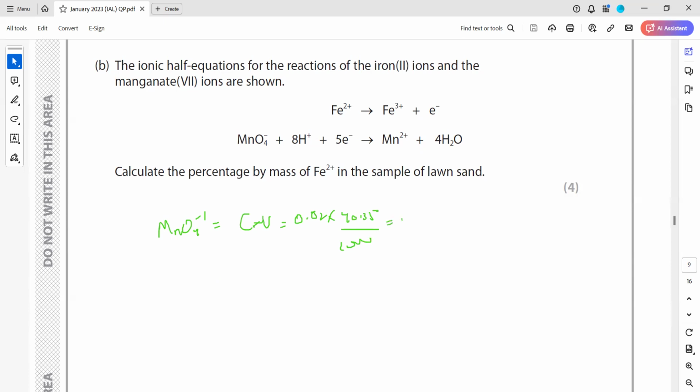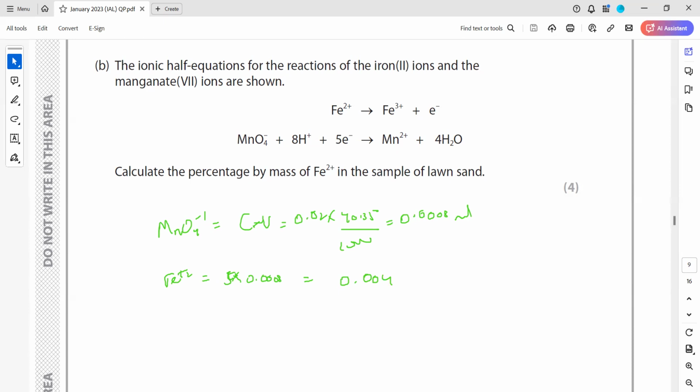So this will be 0.0008 moles. And then the ratio is 1:5 for iron 2. So moles of iron 2 will be 5 times the moles. So 0.0008, we multiply by 5, so it will be 0.004.